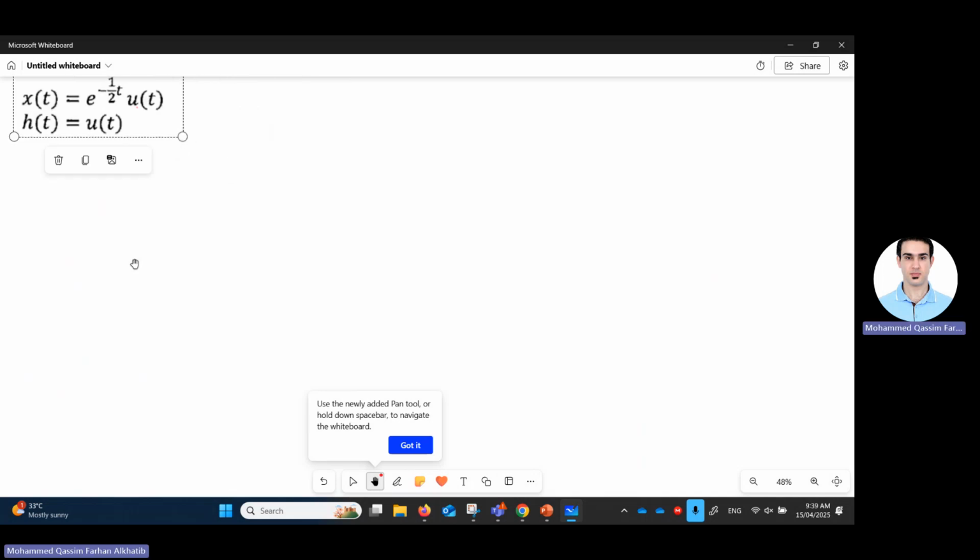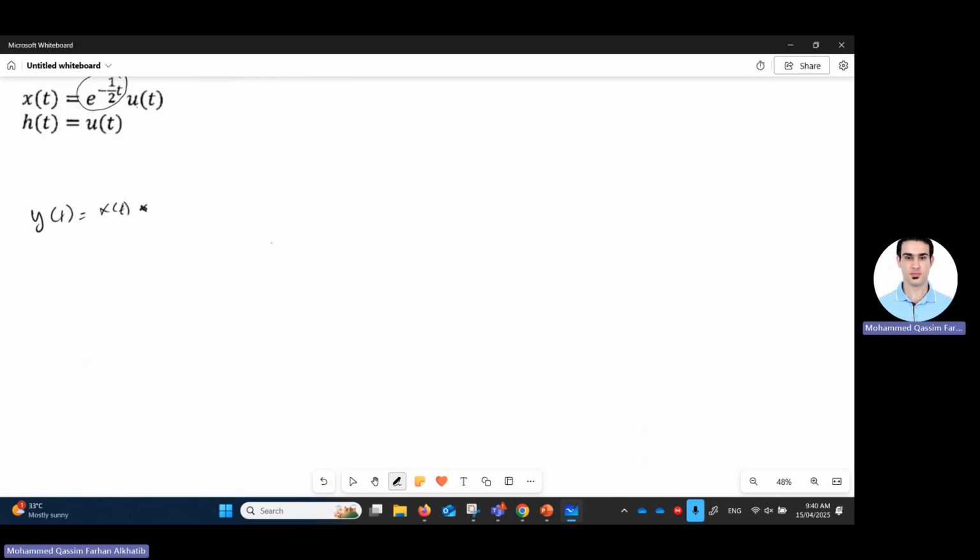Also in the exam, I may give you a question like this, and the only thing I may change is this expression. All right, so we know from convolution, y of t equals x of t convolved with h of t, and that equals the integration from negative infinity to infinity of x of tau, h of t minus tau, d tau.